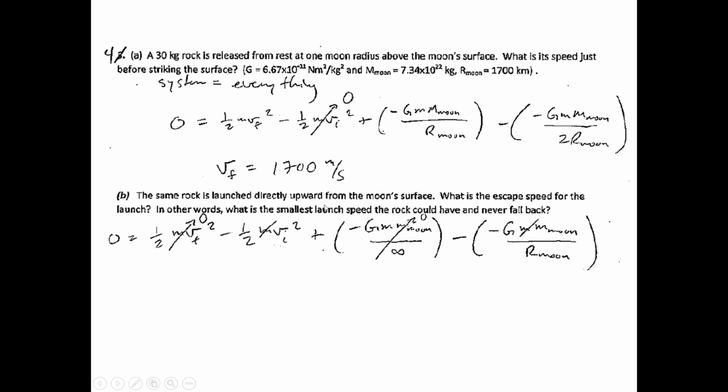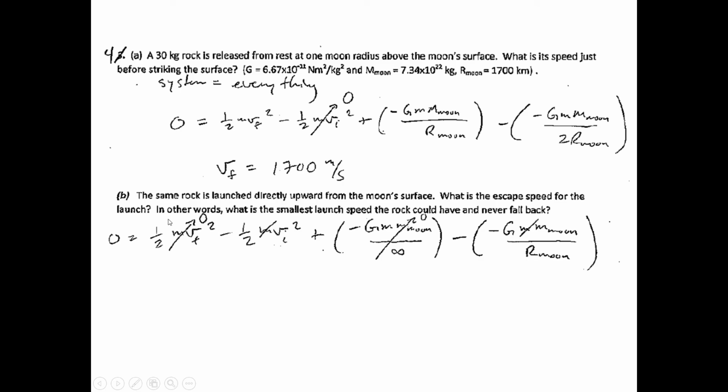And again, I'm being very careful about those minus signs and putting in parentheses so I don't miss anything. The final state is one infinitely far away. So I'm going to take R final to be infinity, or a really large number. And when you divide by a really large number, you get something that goes to zero, right? If you divide by larger and larger numbers, you get smaller and smaller results. So this goes to zero for the final state.